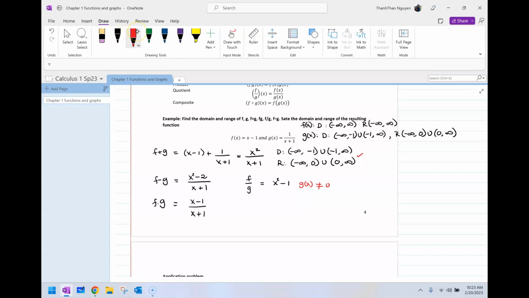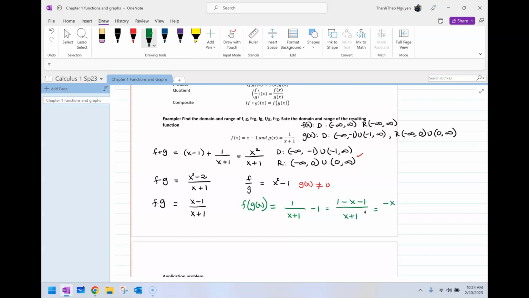Let's take a look at f composite g. f of g of x is equal to 1 over x plus 1 minus 1. This function becomes 1 minus x minus 1 divided by x plus 1.